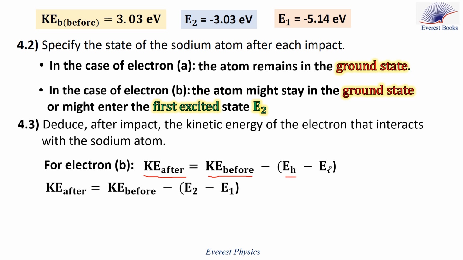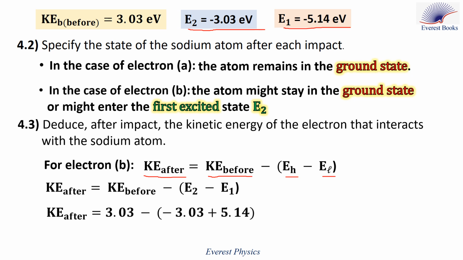But EH is E2, which is minus 3.03, and EL is E1, which is minus 5.14 eV. Now replace KE before by 3.03, E2 and E1 by their values. We get the kinetic energy of the electron after the impact equals 0.92 electron volts.